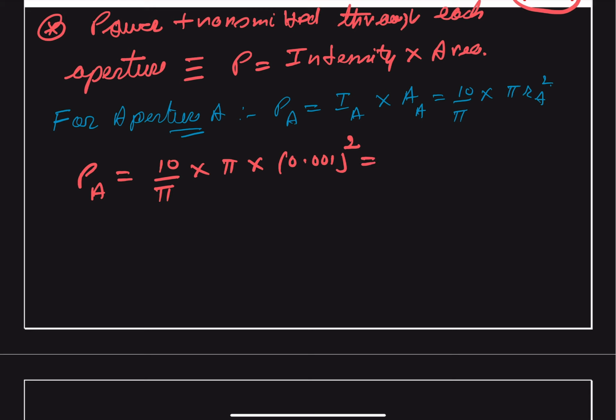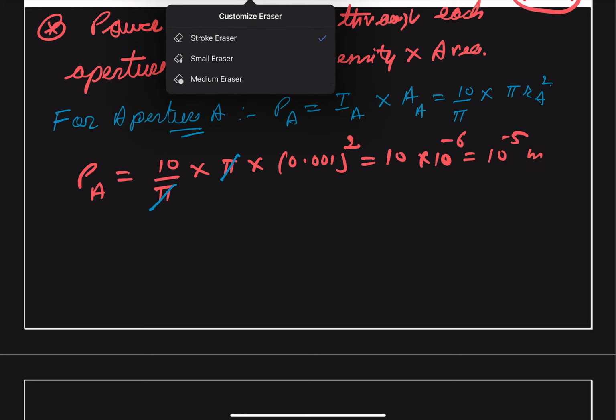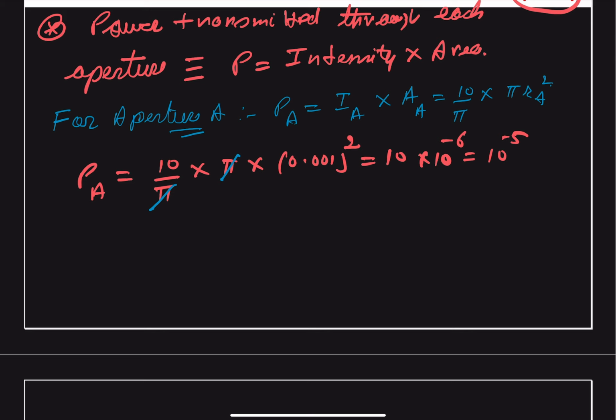Pi goes with pi, so we can write it as 10 into 10 raised to the power minus 6, which comes as 10 raised to the power minus 5 watts.